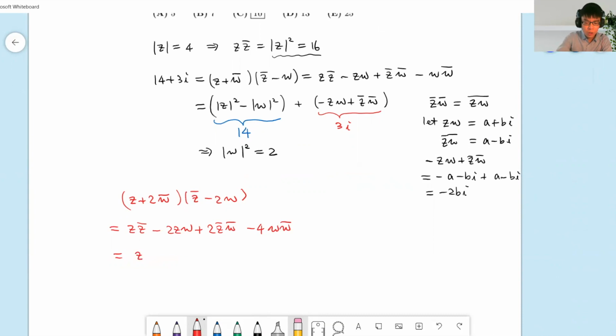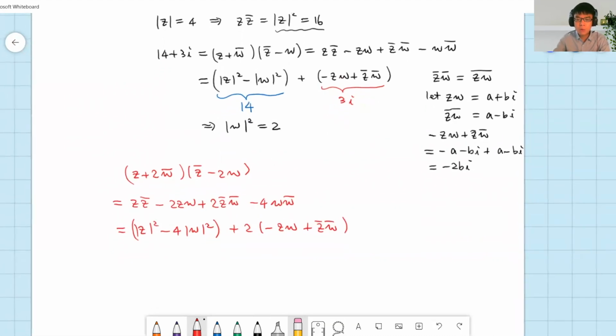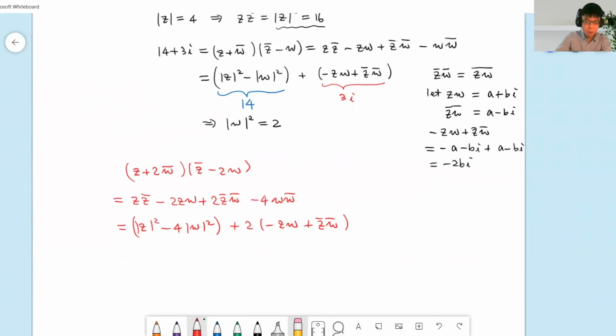The real part is modulus z squared minus 4 modulus w squared, and the second part is twice minus zw plus z conjugate w conjugate. So we are able to compute this value. The first part, modulus z squared is 16, minus 4 times modulus w squared, which we already know is 2. The second part is twice 3i, because the second parenthesis is 3i. In this way, we find this equals 8 plus 6i.